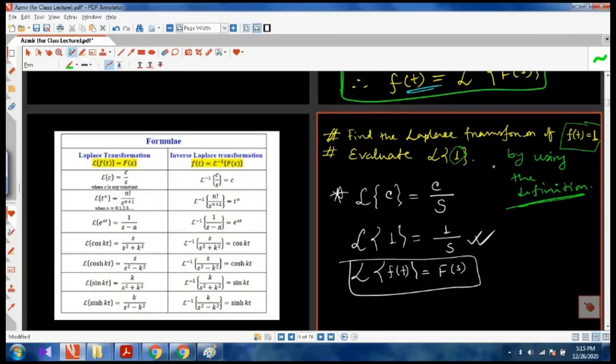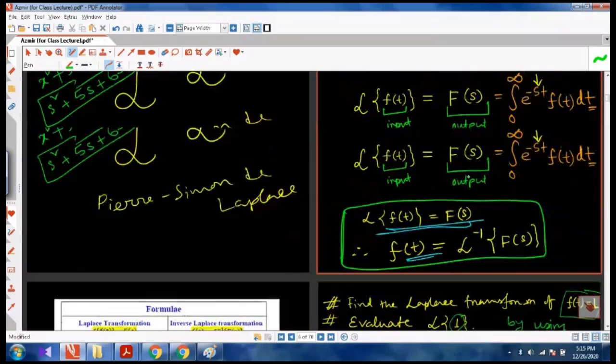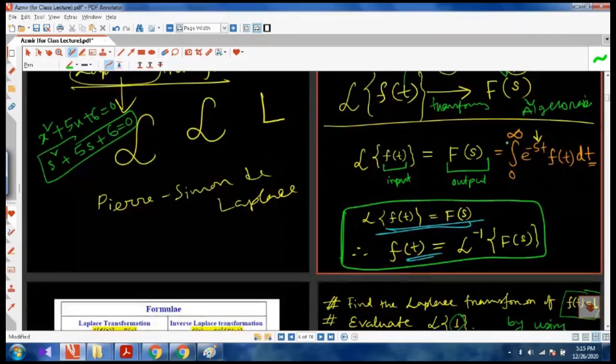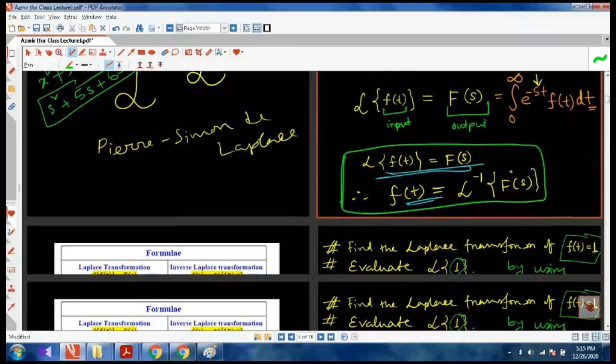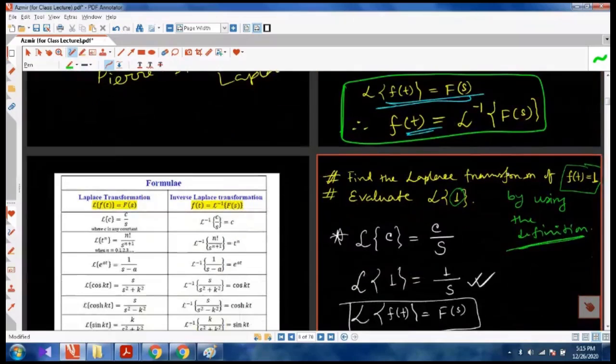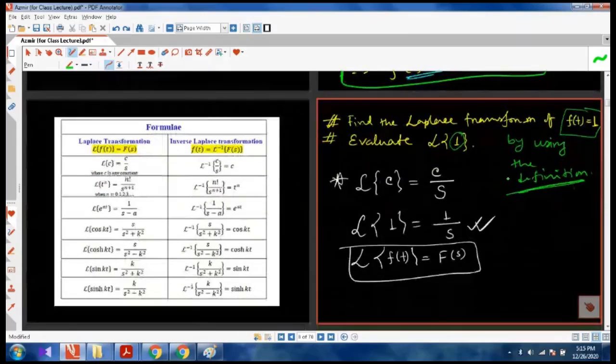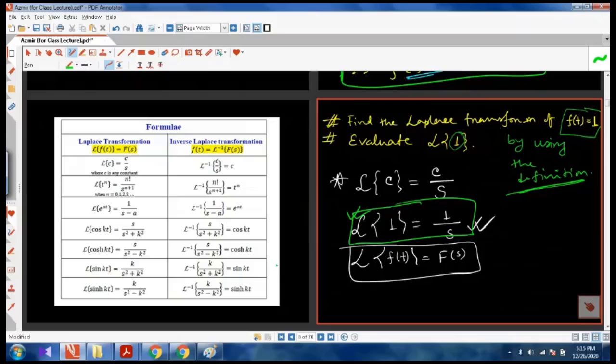Then the definition is this. There is no alternative way to solve by this one. So we have to use this integral. But if definition is not mentioned in your question, then this is your solving technique.